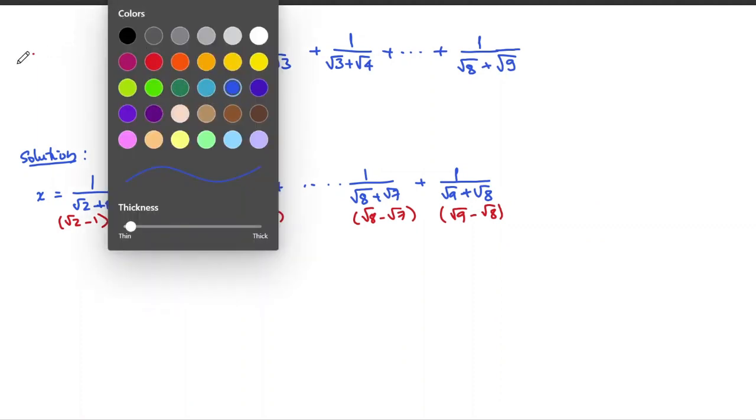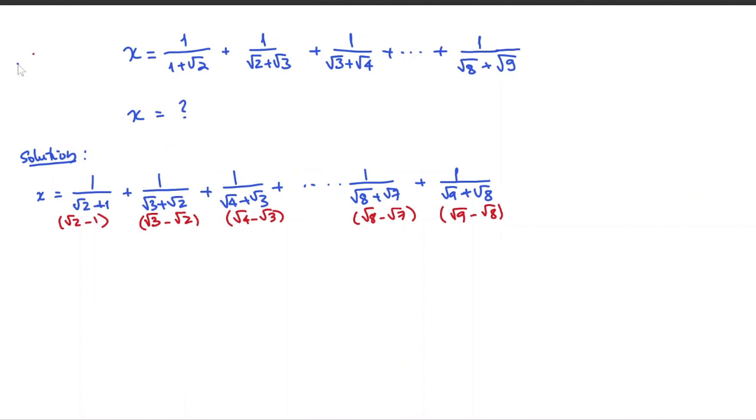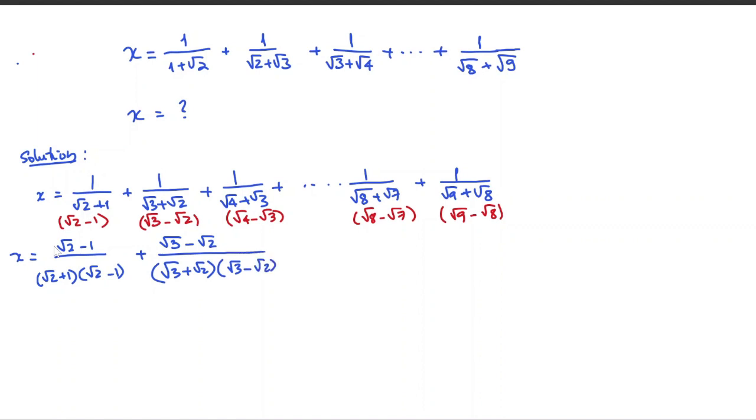So what I would have here, the first one I would have 1 times square root 2 minus 1, which is square root 2 minus 1. Denominator is square root 2 plus 1 times square root 2 minus 1. The next fraction would be numerator square root 3 minus square root 2 over square root 3 plus square root 2 times square root 3 minus square root 2.